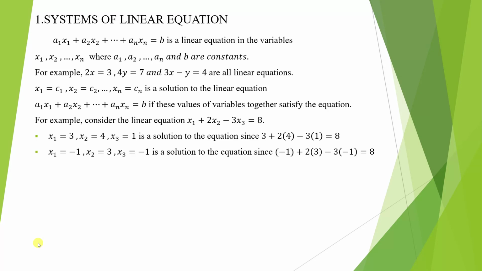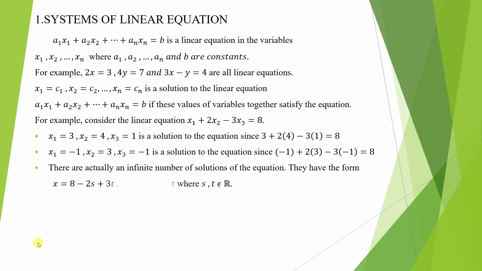And if we take x1 equal minus 1, x2 equal 3, and x3 equal minus 1, it is also a solution of this equation because it satisfies it: the left hand side and the right hand side are equal to each other. There are actually an infinite number of solutions of this equation.